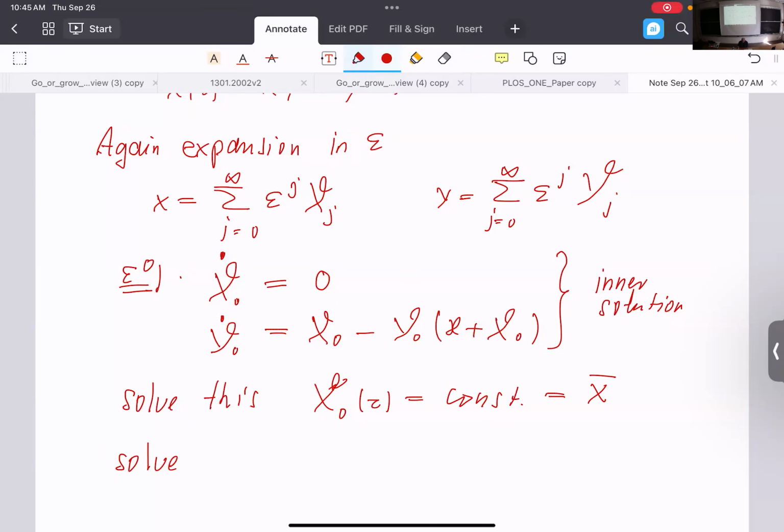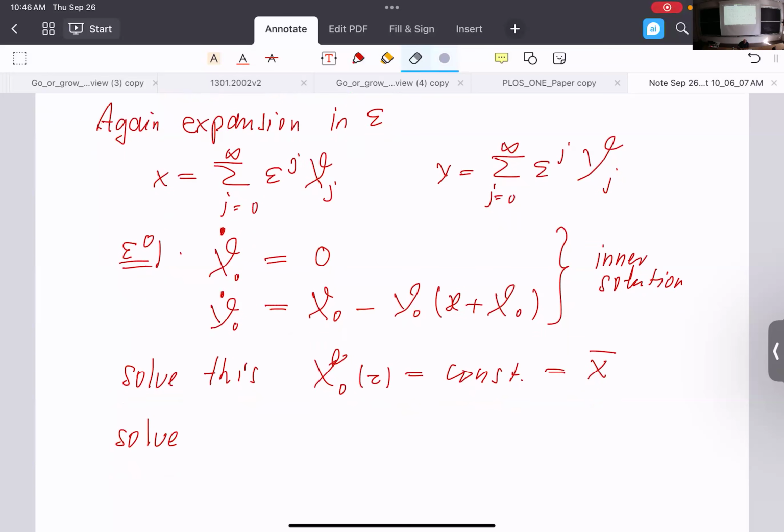Okay, so how do you solve the second equation? Now X0 is a constant, so then this becomes a linear inhomogeneous model. Who has a method up their sleeves? Anybody online? Separation of variables again, perhaps.